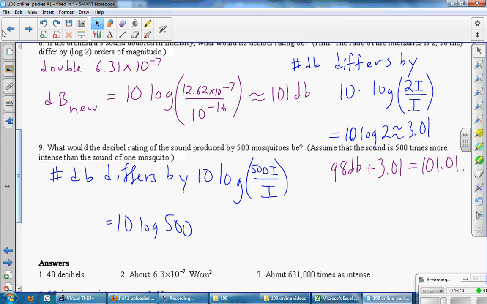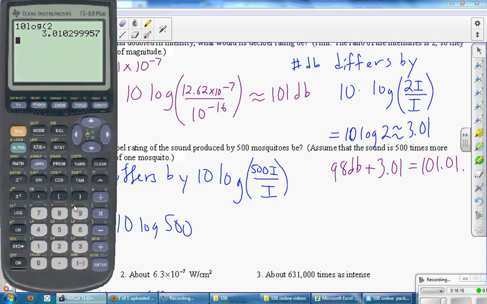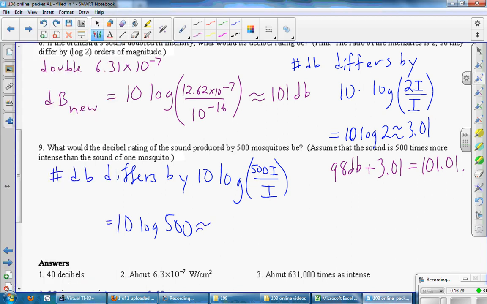Whatever we get, that's the difference in the decibel ratings of one mosquito compared to 500 mosquitoes. So 10 log of 500, it's about 27. So then we can take the old decibel rating for one mosquito, ramp it up, add 27 decibels because we got 500 times the intensity, and we get 67 decibels for that swarm of mosquitoes.